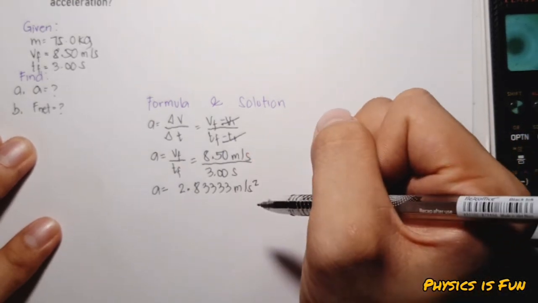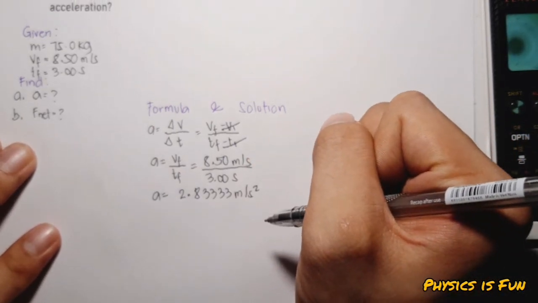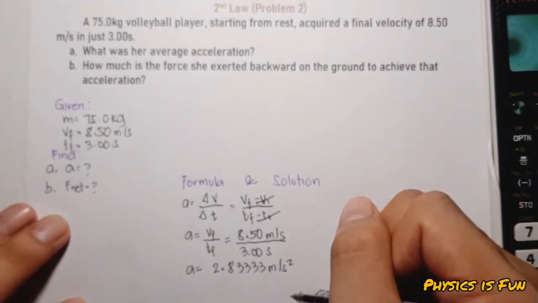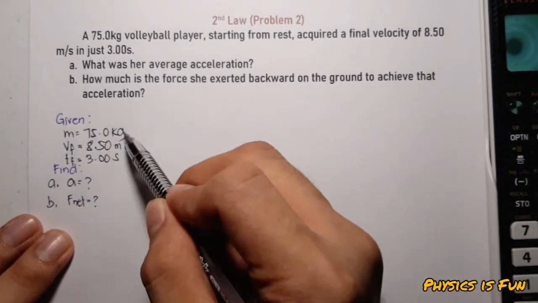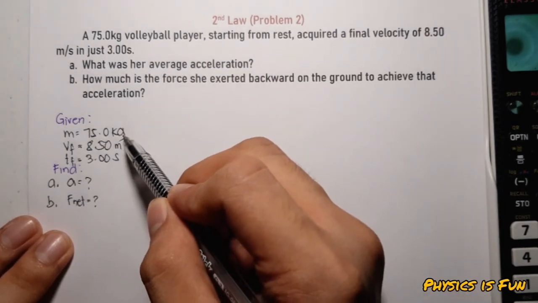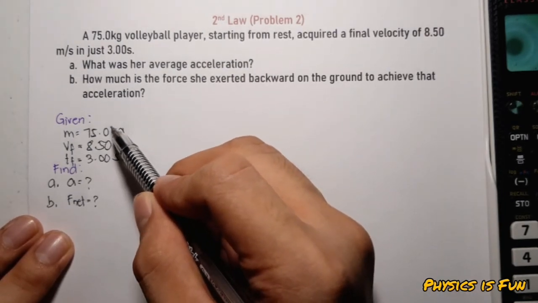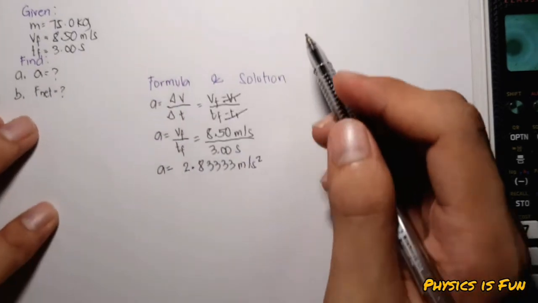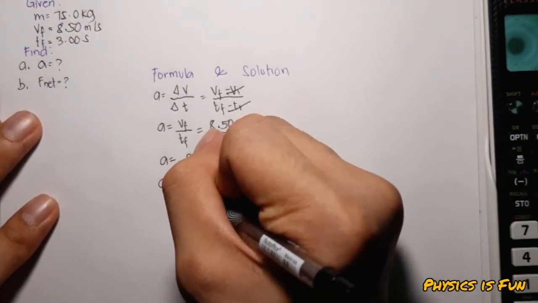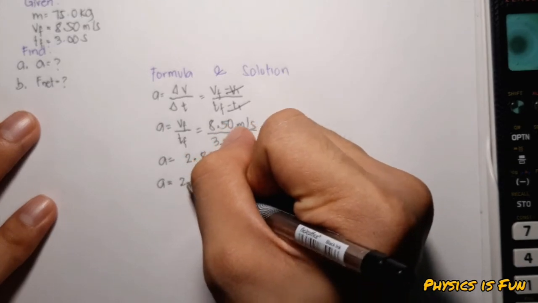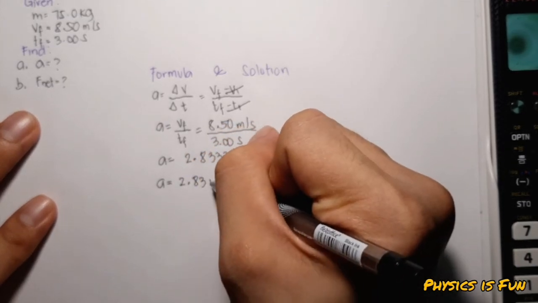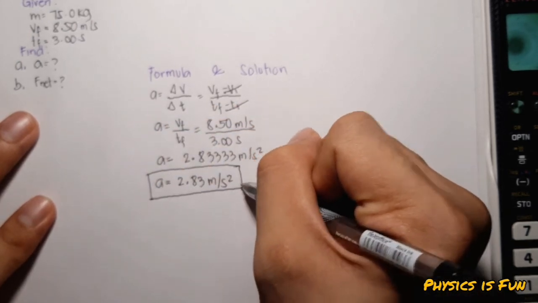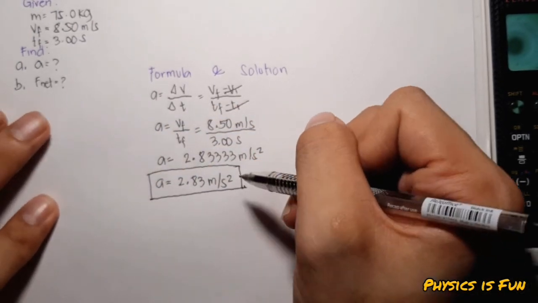To finalize this, we need to follow the significant figures in our given quantities, which is 3. The significant figure in the given is 3, since all of them have 3 significant figures. So our answer will be acceleration is equal to 2.83 meters per second squared. Next, let's find the force.